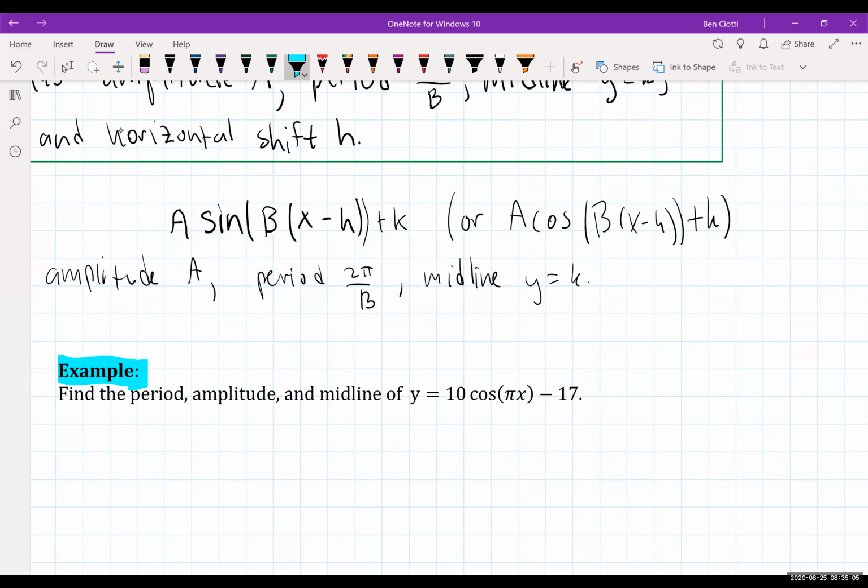So why don't we warm up this morning by answering this example that I have written here. Can you private message me: what is the period, the amplitude, and the midline of this sinusoidal graph, 10 cosine pi x minus 17?